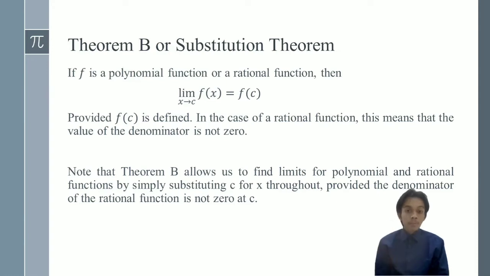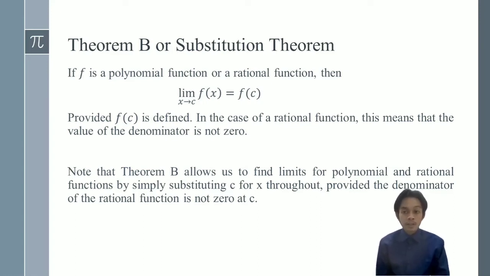Theorem P, or the substitution theorem, says that if f is a polynomial function or a rational function, then the limit of the function f(x) as x approaches c is equal to f(c), provided that f(c) is defined in the case of a rational function.